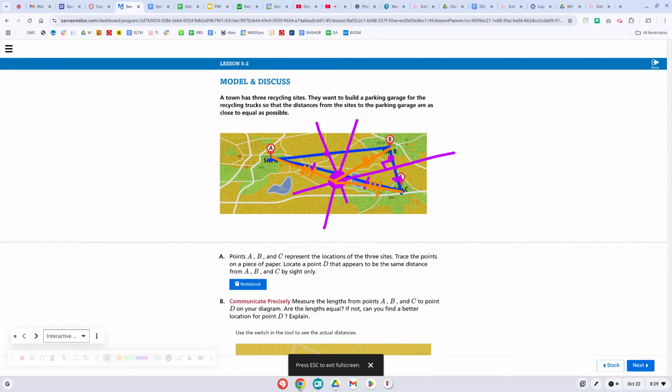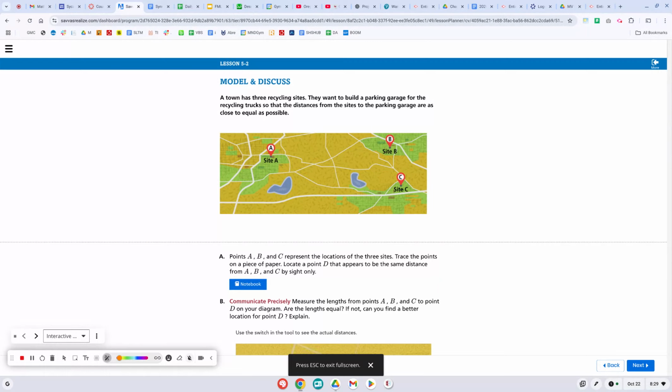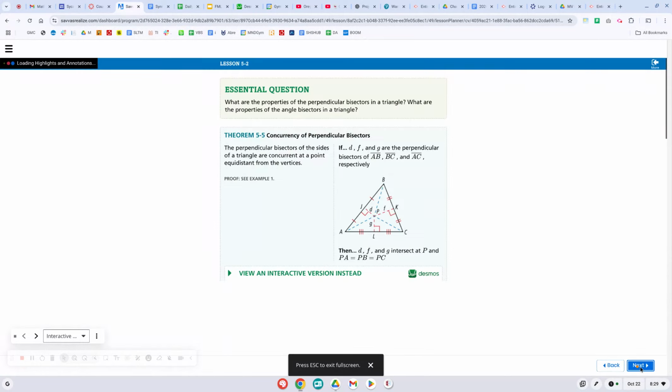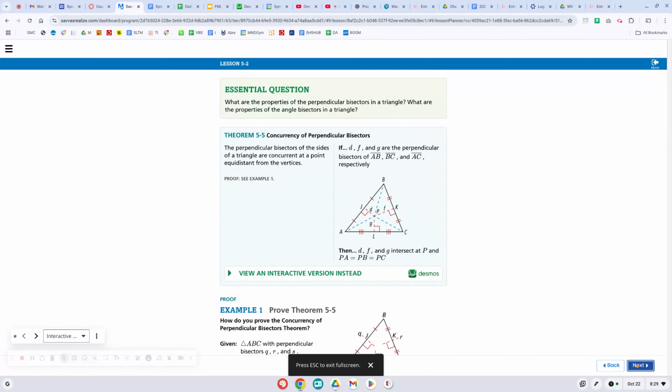So in order to find a point that's equidistant from all 3 vertices, we just simply need to find where the perpendicular bisectors meet. Okay, now where those perpendicular bisectors meet, let's see, does it tell us what this is?